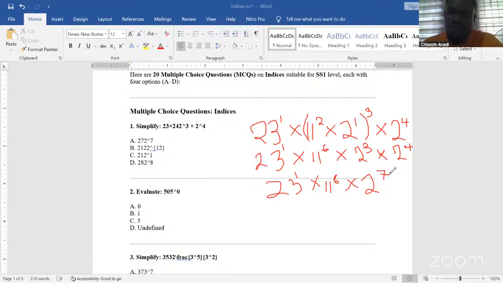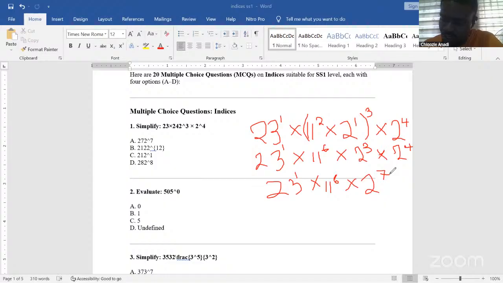If you multiply this particular number, you won't get what you meant to get. Let's do it together: 11 raised to the power of 6 will give you about 1 million, and there's something like 1 million in that option. So you won't get that answer. So there's no answer for question one.